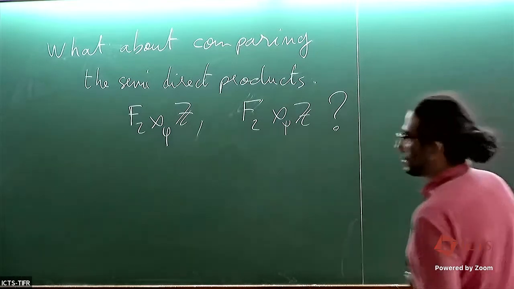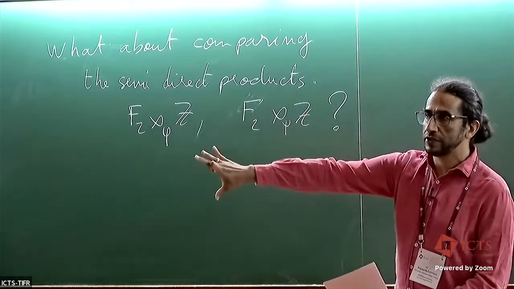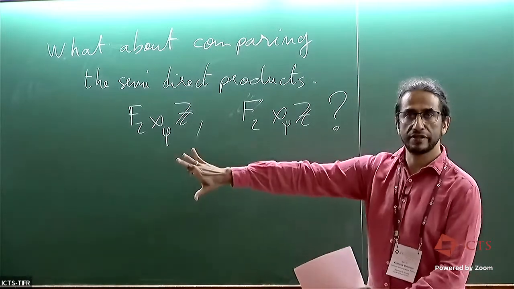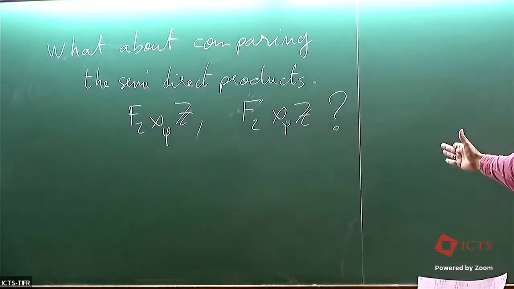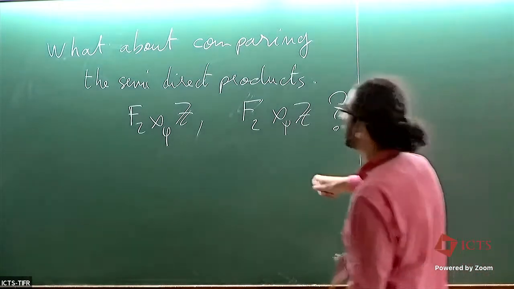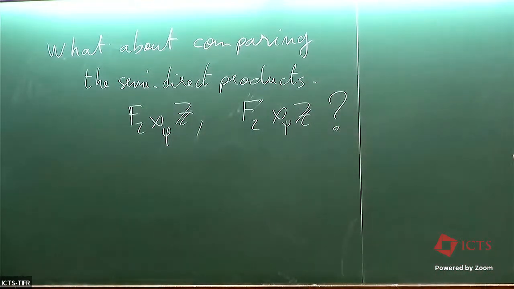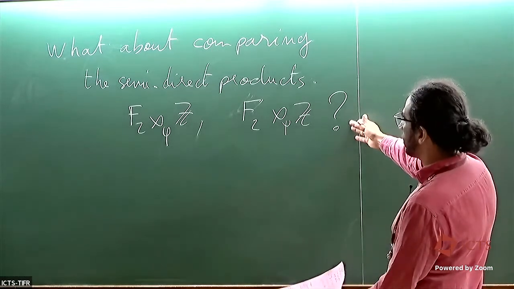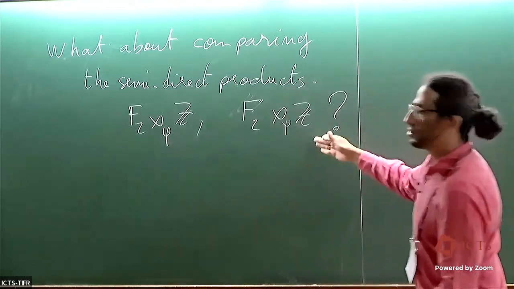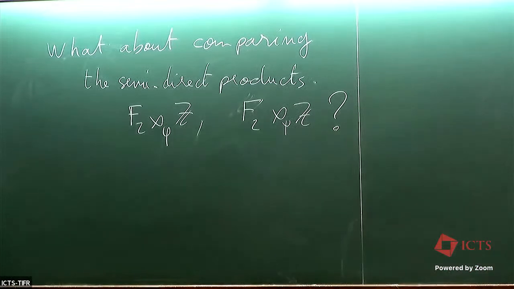Okay, so now we're convinced that actually everything there was easy and nice. So I proposed something that did not look easy, comparing the semi-direct products, which are suddenly big groups.